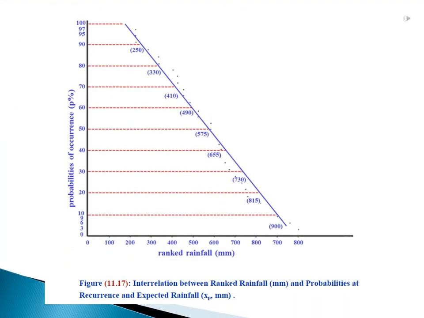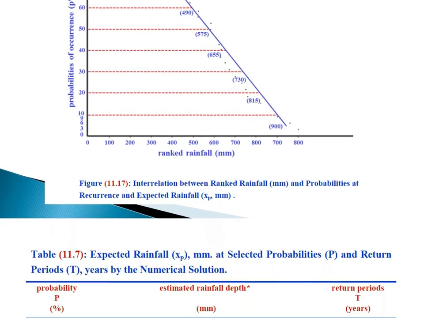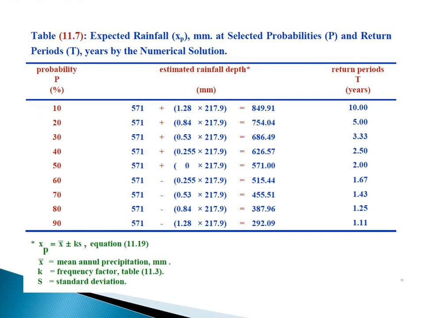Figure showing the relation between ranked rainfall in millimeters and probability of recurrence and expected rainfall. Table showing the expected rainfall at selected probabilities and return periods by the numerical solution.